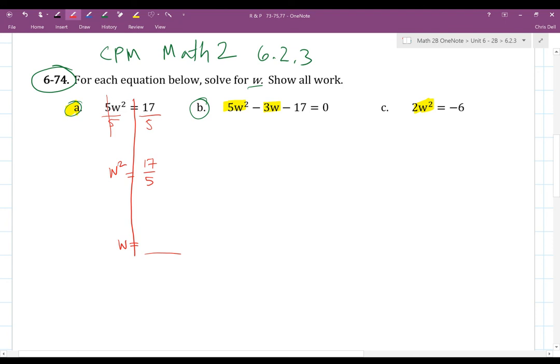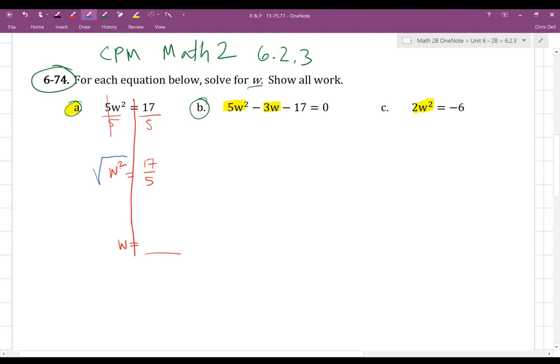Now I want to go from this W squared to a single W. The inverse operation of undoing a squared is square root. W squared is W times W, so what we're looking for is what number times itself.